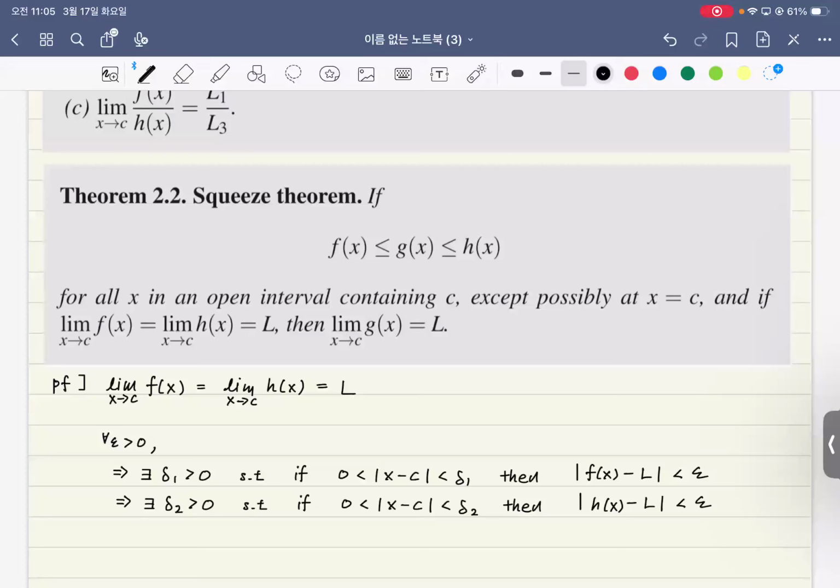You can find such delta 1 and delta 2. Now I am supposed to show that g of x is tending to L. So for this epsilon, if I can find such a nice delta, then we are done.